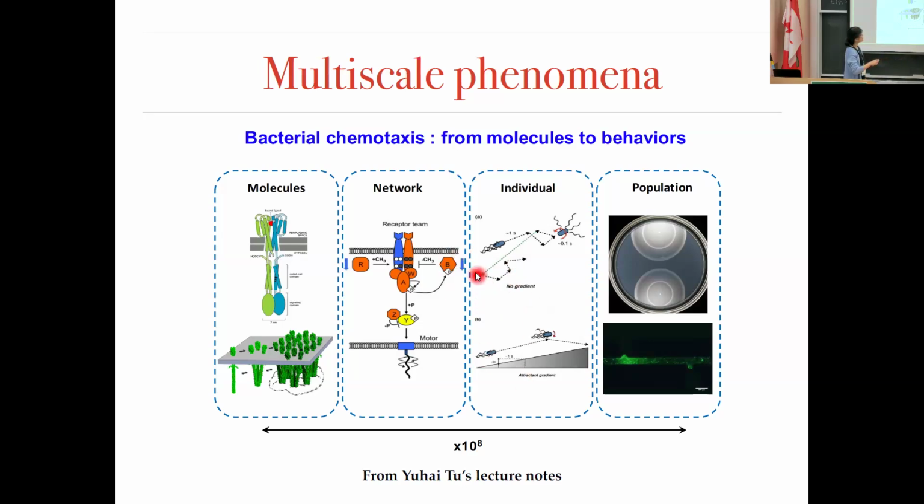This is a typical trajectory for a bacterium: it goes straight forward, stops somewhere, changes its movement direction, then goes in another direction again. This is at the individual level, whereas at the population level, people usually use the density to describe the density evolution for the bacteria. So the time scale for this whole process changes a lot.